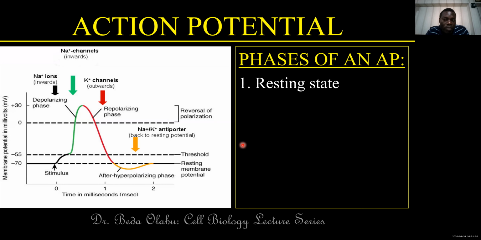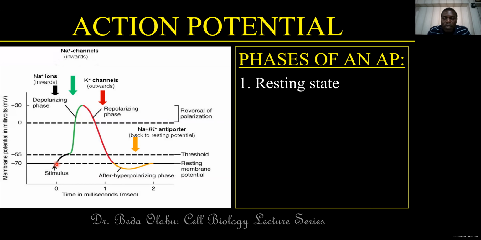We've also talked about the effect of the sodium-potassium pump. The third factor is chloride influx. And the fourth factor is that you have more negatively charged anions inside the cell. So that maintains the resting membrane potential at that level.